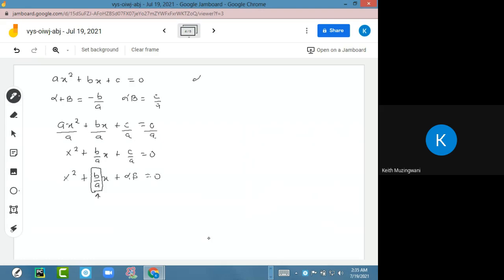So let's go to alpha plus beta is equal to negative b over a and divide by negative 1, so that we have negative alpha plus beta directly equal to b over a. So this can be written as x squared minus alpha plus beta x plus alpha beta is equal to 0.